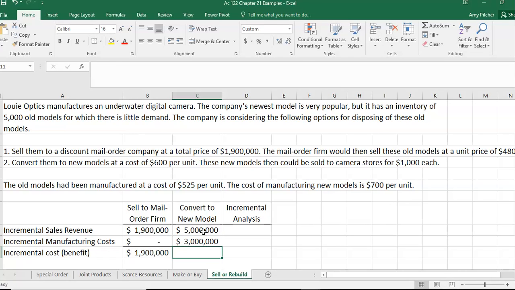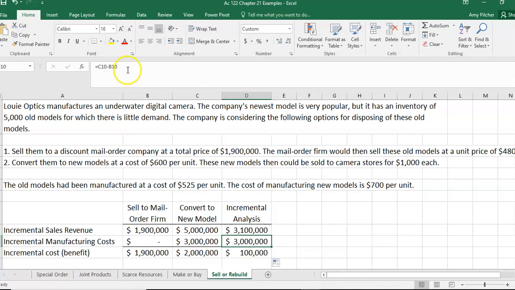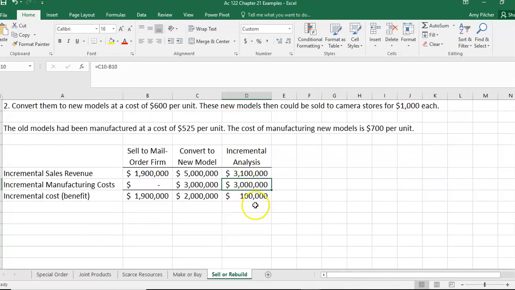So our cost benefit if we convert them is $2 million. If we convert these, we increase our income by $100,000. So we have the potential to make more money if we convert them.